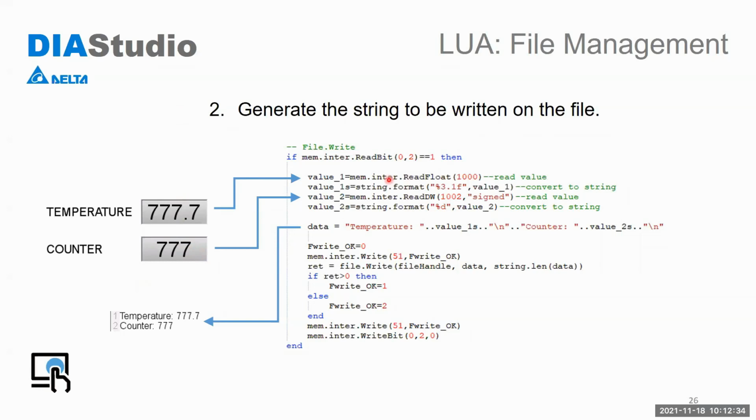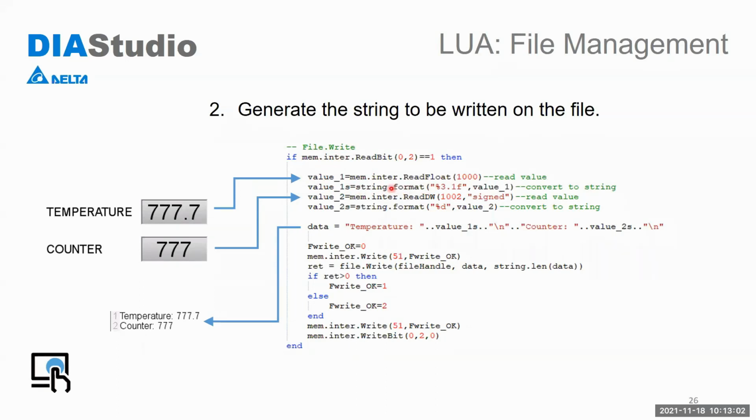I will read the temperature by use of mem.inter.readFloat. You remember this function we've seen before, and put it inside a Lua variable. The next step is to convert this numerical variable into a string. I use this string.format. This is a function that converts from numerical to a string.